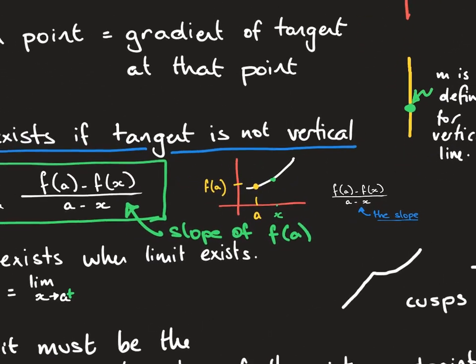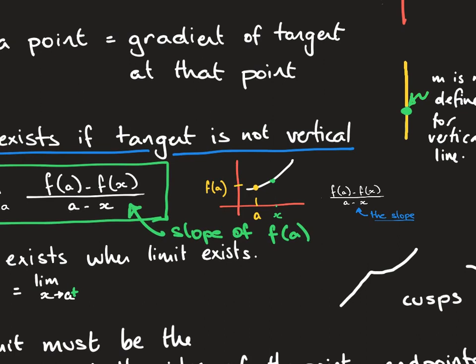What we're actually looking at is as this x value gets closer to a, we're looking at the gradient of the line that joins it to a. That's the definition of the derivative. It is the limit of the slope of that line.